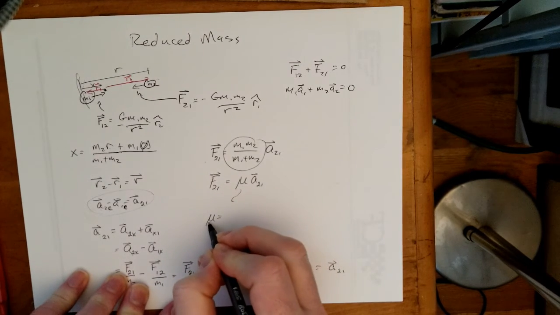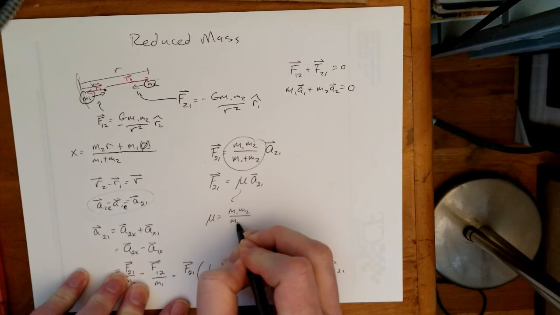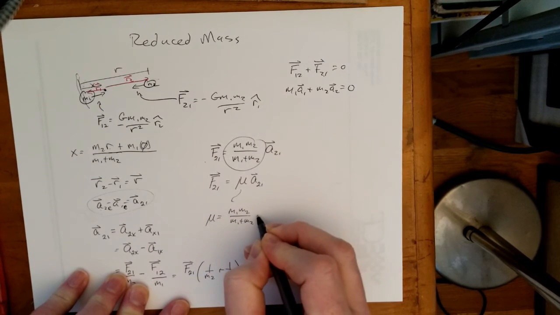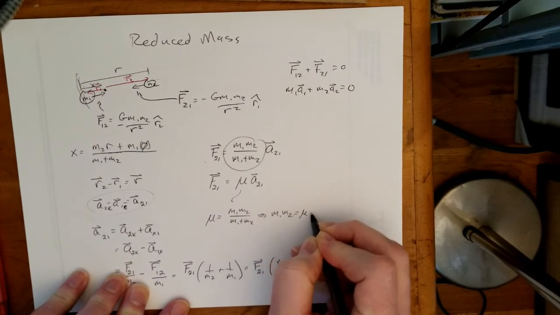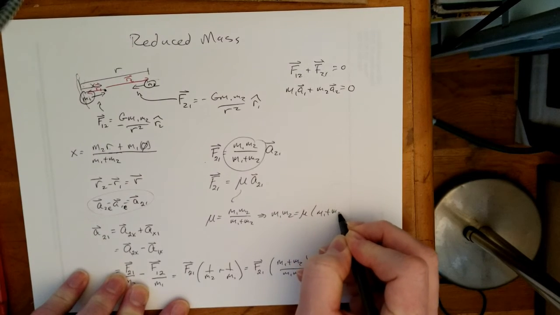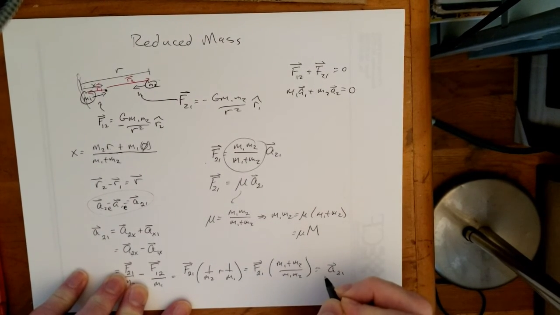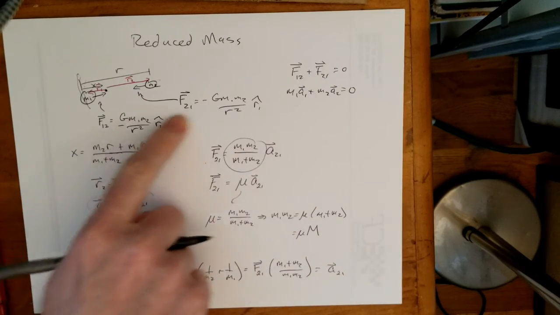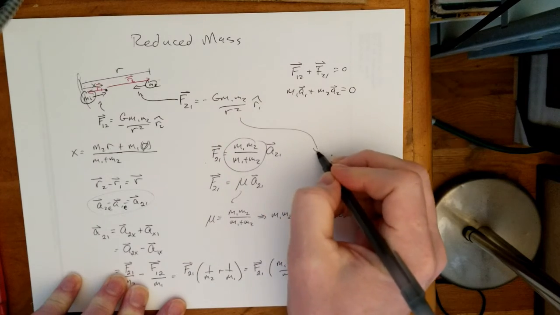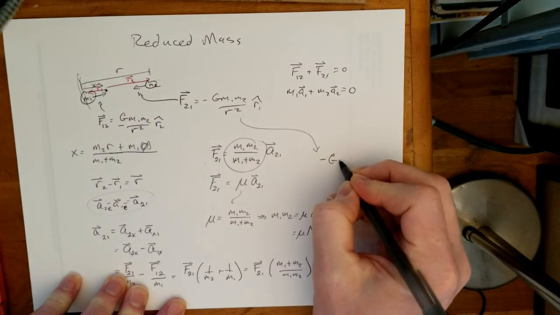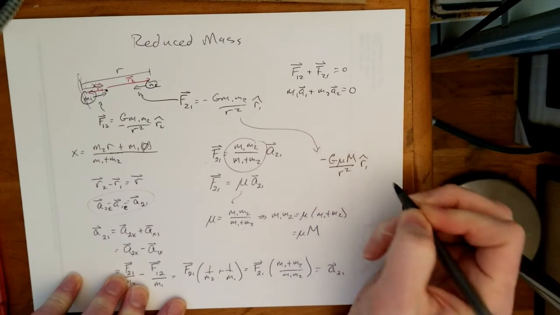The reduced mass is m1 m2 over m1 plus m2, so m1 m2 is equal to mu times m1 plus m2, which is mu times the total mass. So when we look at the force due to gravity here, this becomes negative G mu M over r squared r1 hat.